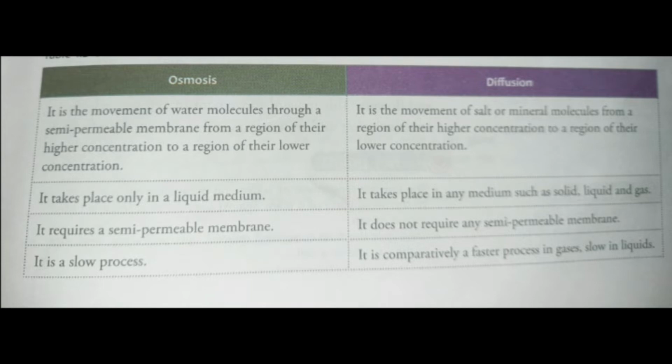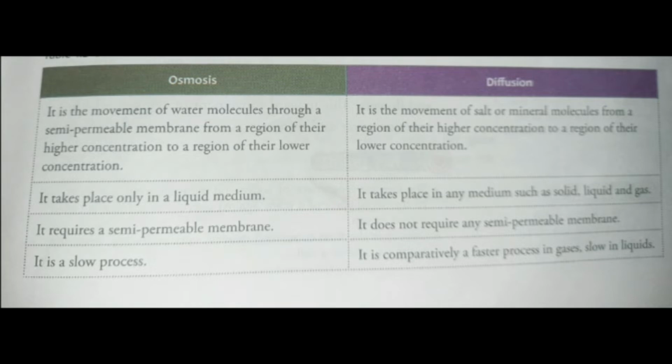The second point is that osmosis takes place only in a liquid medium, but diffusion can take place in any medium such as solid, liquid, gas, any of them. The third point is that osmosis requires a semi-permeable membrane, but diffusion does not require any semi-permeable membrane.